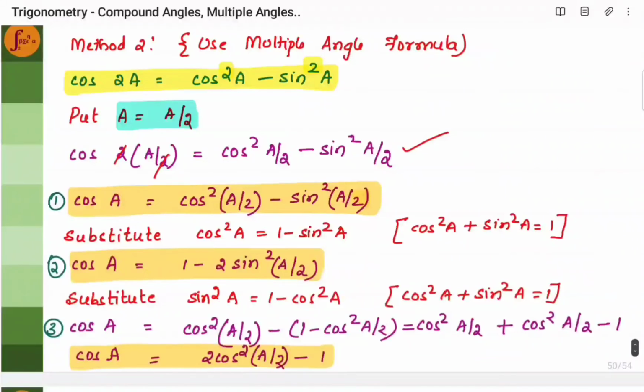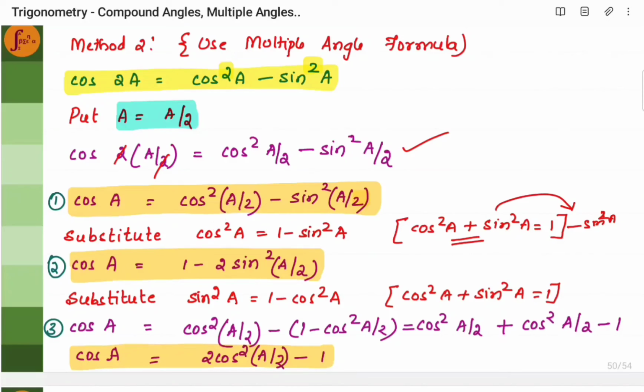Now, there is an important formula, like we discussed earlier. Cos square A plus sin square A is 1. Means cos square A is equal to 1 minus sin square A. Cos square A, you shift this sin square A to the other side. It will become 1 minus sin square A. This is cos square A. Now I'll substitute cos square A here.